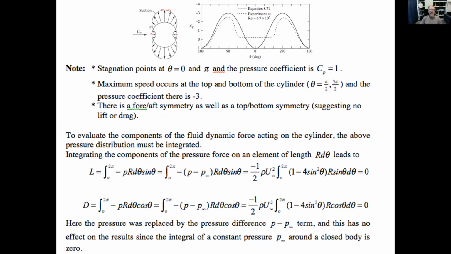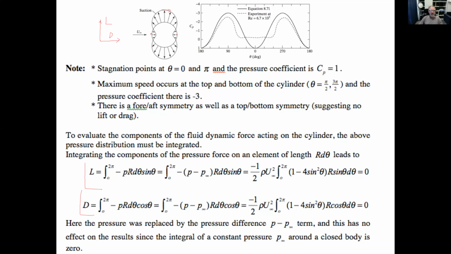There's symmetry up and down and left and right. Therefore, naturally, if you do the integration of the pressure around it, we define the integral of pressure acting up as lift, and the one resisting the motion, against the flow, we're going to call drag.